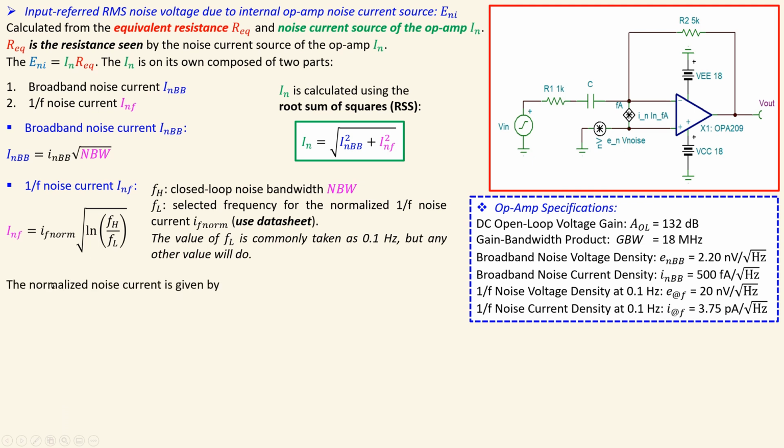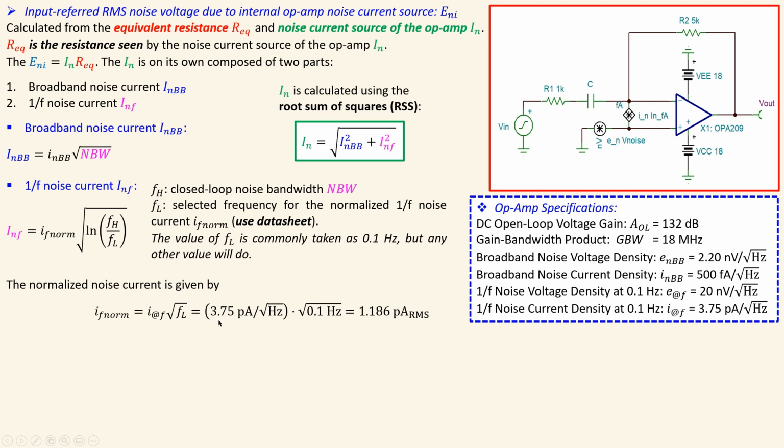Now let's first calculate the normalized noise current, which is given by this expression. So the normalized noise current is equal to that symbol, which is then actually the value at that 0.1 Hertz.